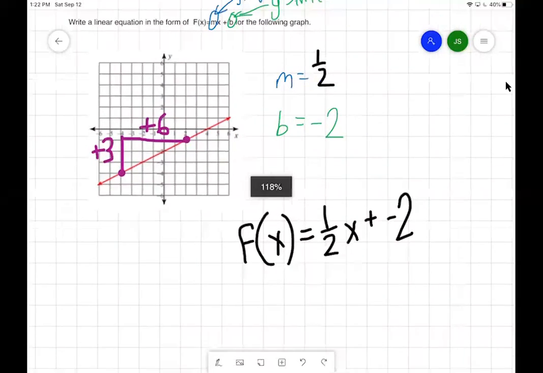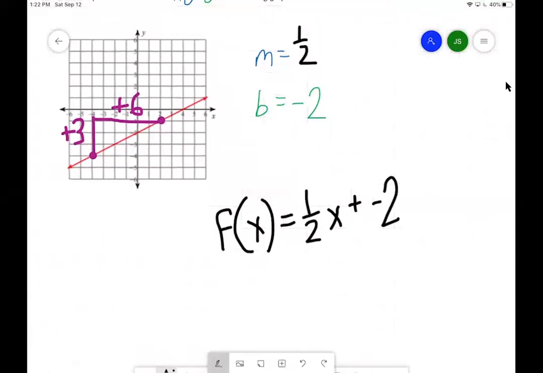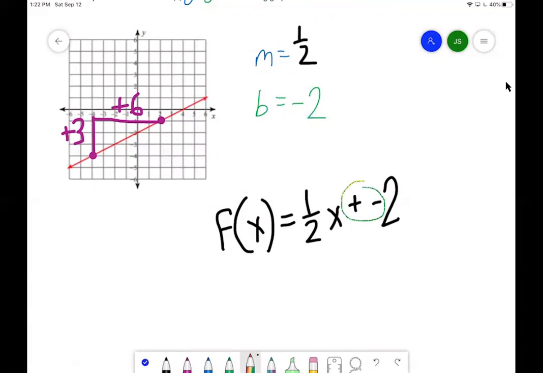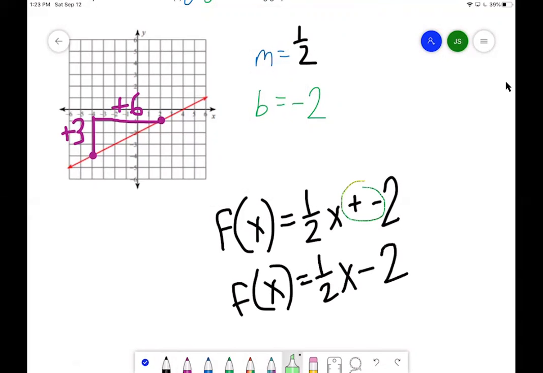Now if you notice here, you have 2 signs, and to get rid of that, you simply say a positive and a negative is going to give me a negative. So I will write it again. f of x equals half x minus 2. And that's pretty much it for my first equation.